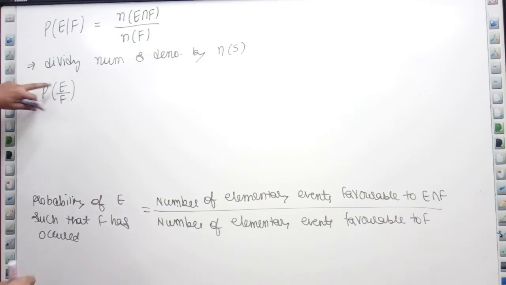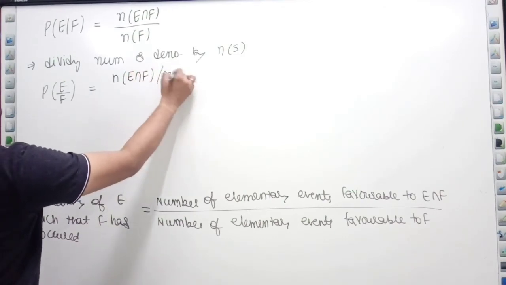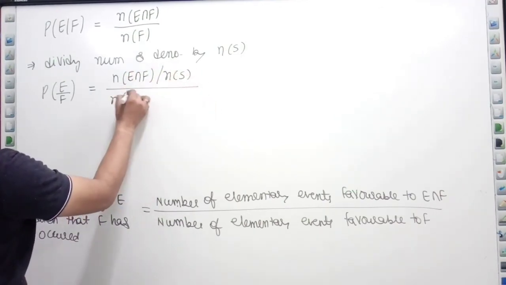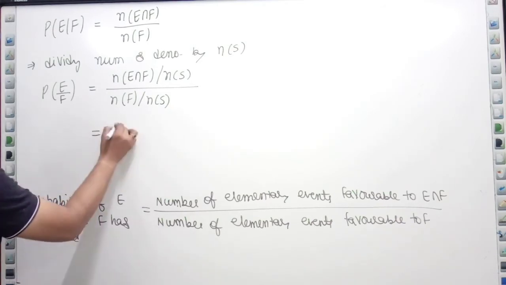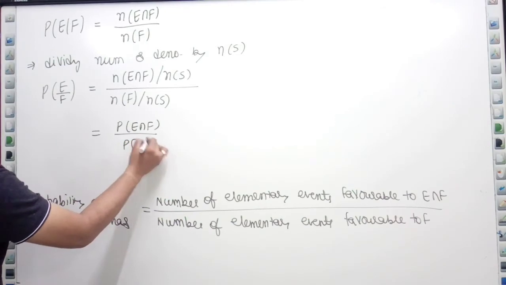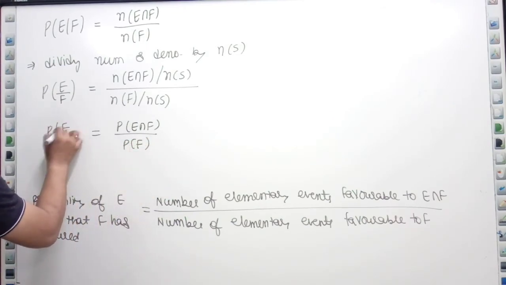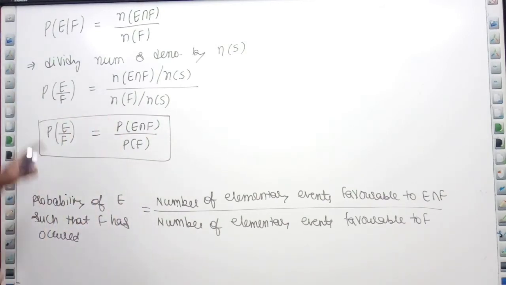Therefore, this can be written, either E upon F or E oblique F, as n(E intersection F) upon n(S) and n(F) upon n(S). This can be written as P(E intersection F) upon P(F), and this is the formula of E by F. What is P(E by F)? Probability of E such that F has occurred. So P(E intersection F) upon P(F).